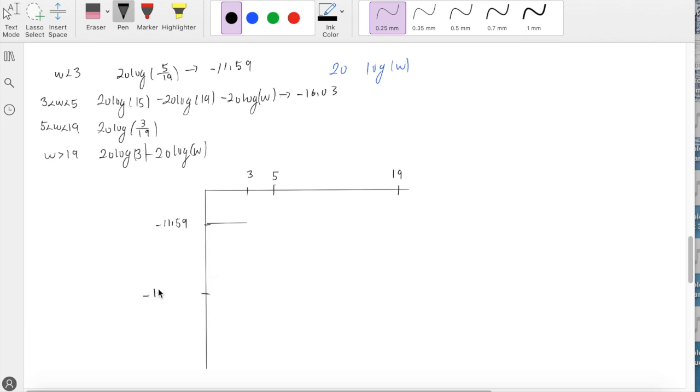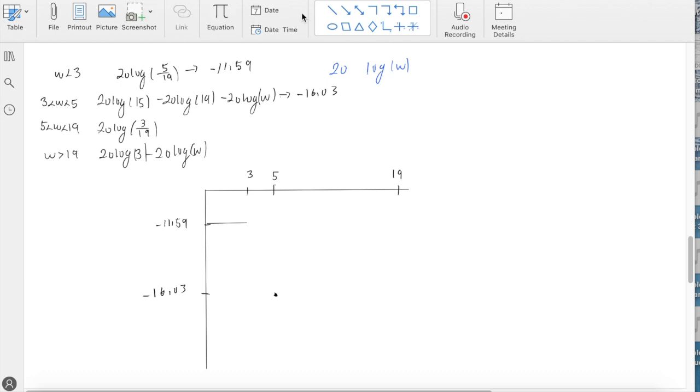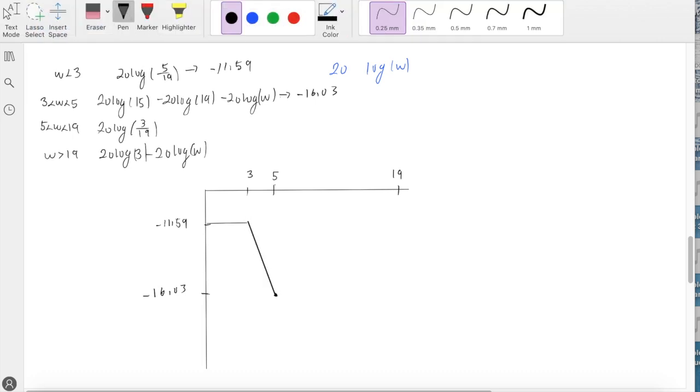So from 3 to 5, we know that it'll end at 5, where the gain will be equal to negative 16.03. So we'll draw a straight line, and we know that the slope's going to be negative 20. Because that's our coefficient of the log w, we'll label the slope here negative 20 decibels per decade.